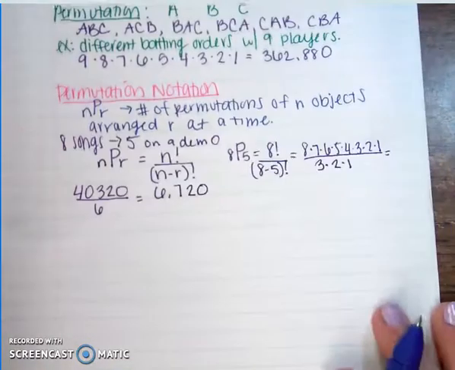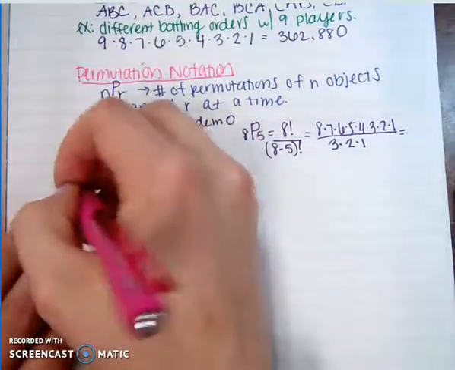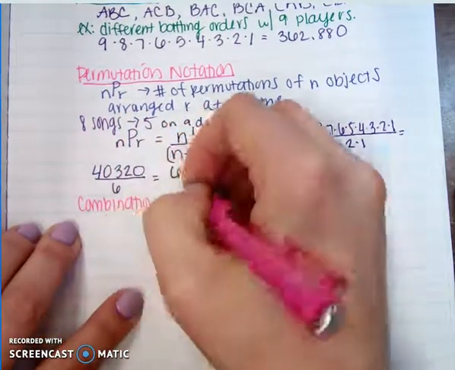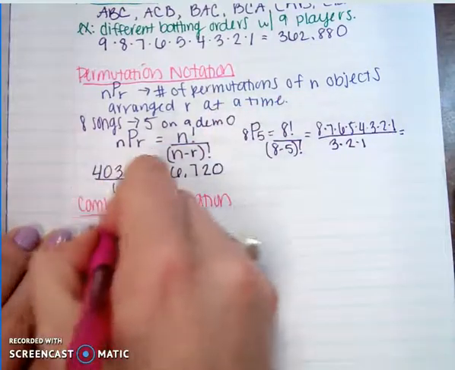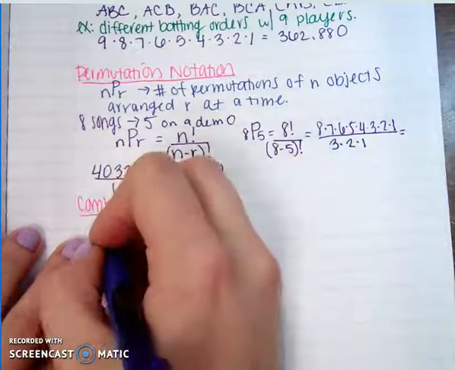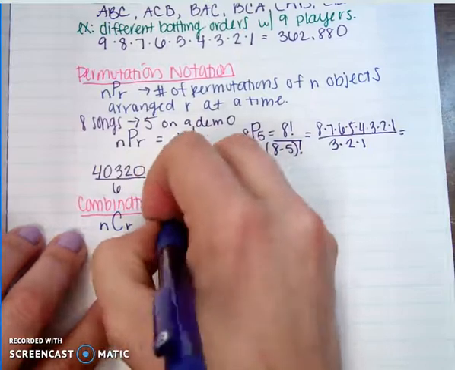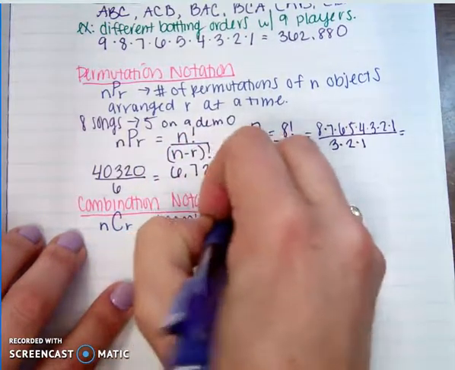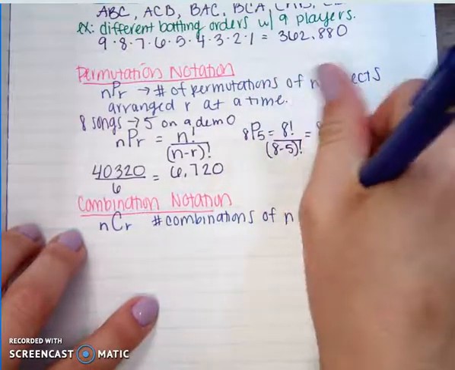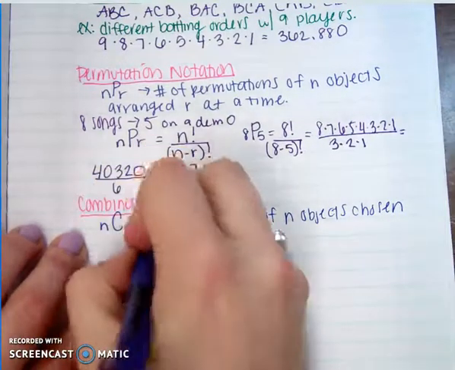All right, the next and the last thing that we're looking at is combination notation, which is similar to this permutation notation. It's nCr, so the number of combinations of n objects chosen r at a time.